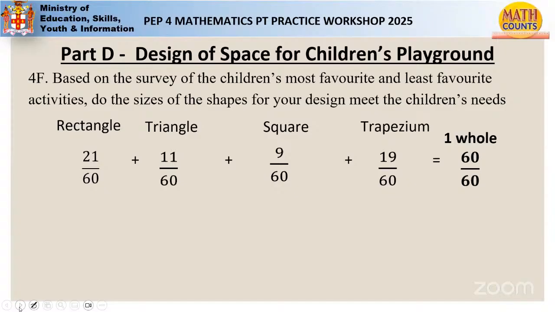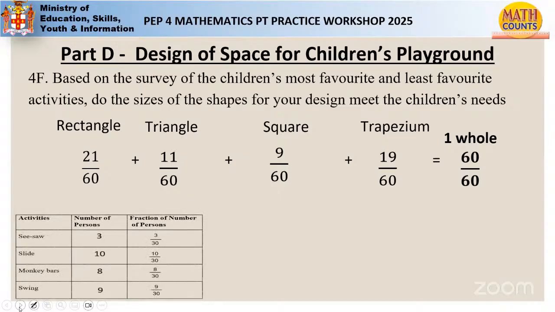Go ahead. This is the reference. Pardon me? The monkey bar is lesser than the seesaw. So it does not meet the criteria.